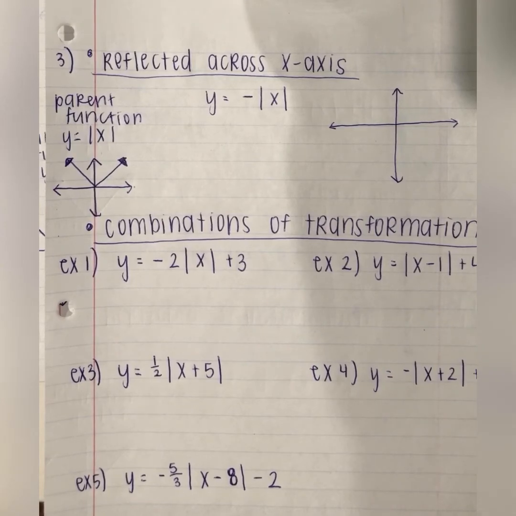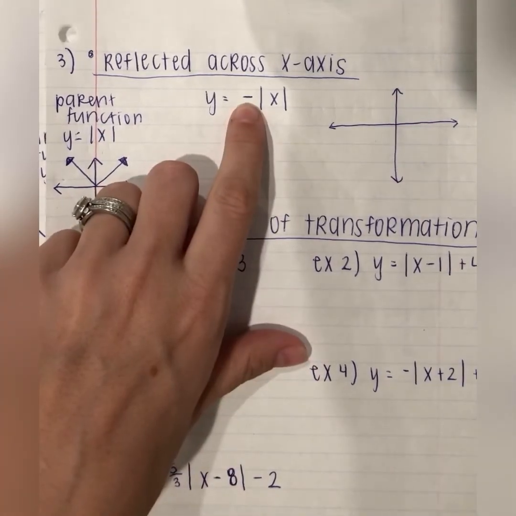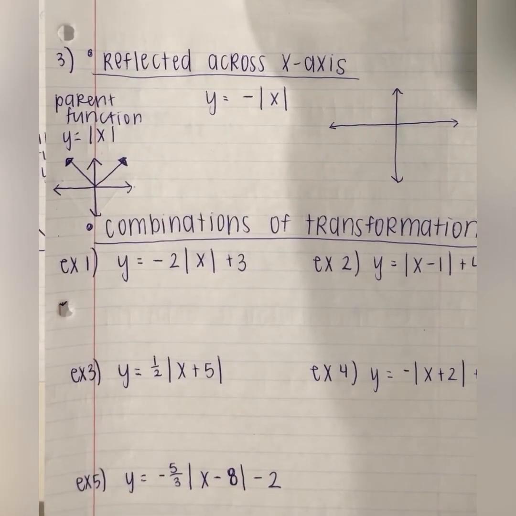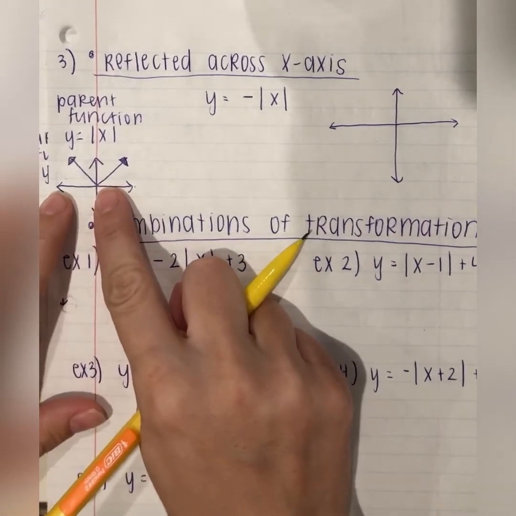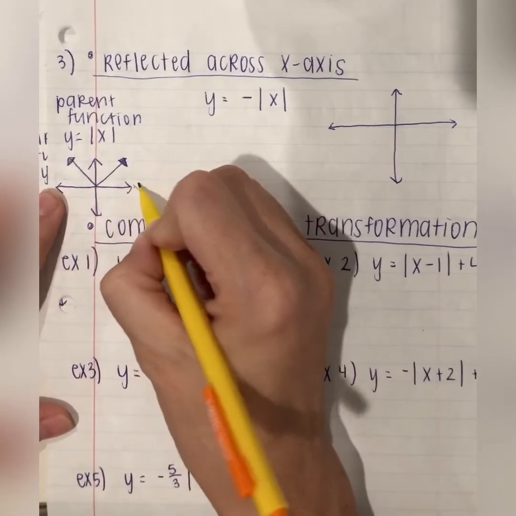All right, so here we have y equals negative times the absolute value of x. The negative's on the outside of our absolute value signs. All that negative is going to do is make our parent function reflect across the x-axis, right?